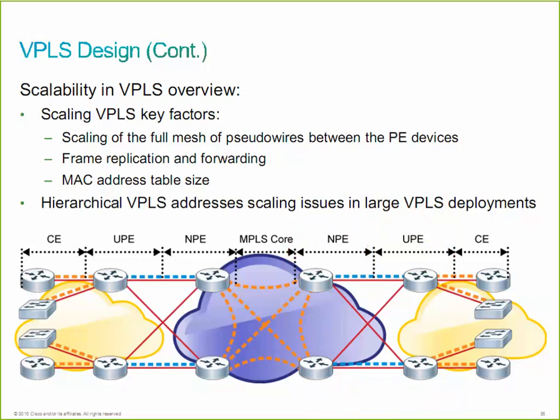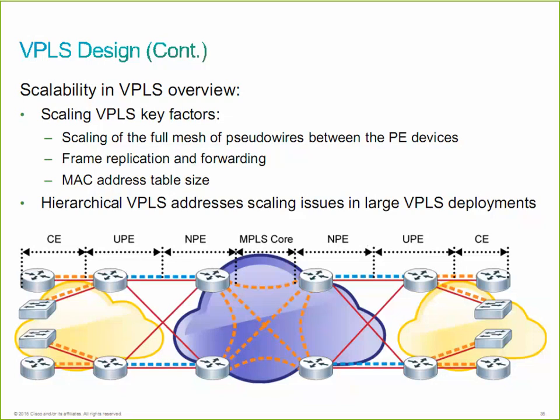Customer edge devices connect to UPEs so that they can aggregate VPLS traffic before it reaches the NPE where the VPLS forwarding takes place. Now, the whole point of this is to address some of the scaling issues that we saw with traditional VPLS design, the scaling of the full mesh of pseudo wires between the PE devices. How does HVPLS address that?